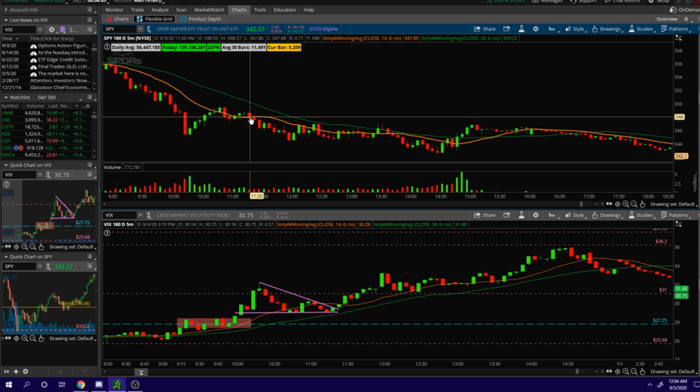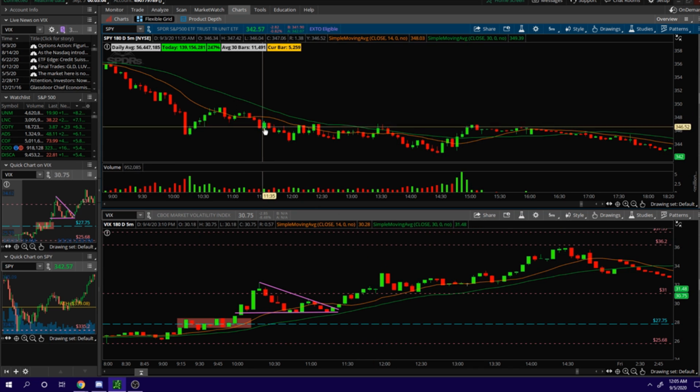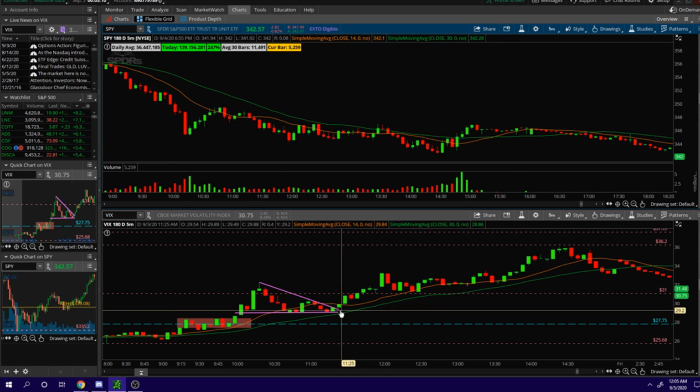The SPY breaks down again, and you took the short under the break of this, because technically this is where you should be shorting, under 347.45. VIX breaks over this key level of 31, and you go down to 340. So that's another 3 points on the SPY on a 5-minute VIX breakout.